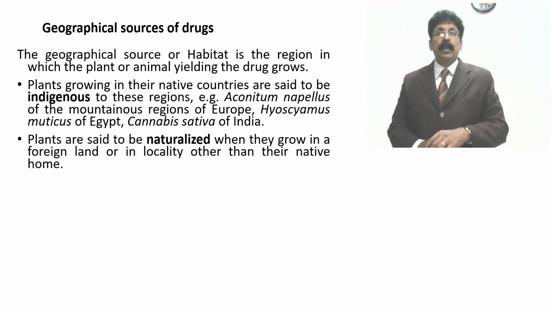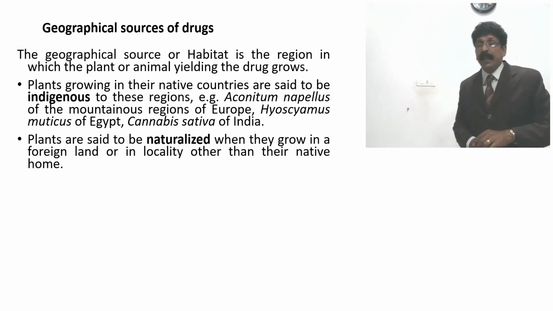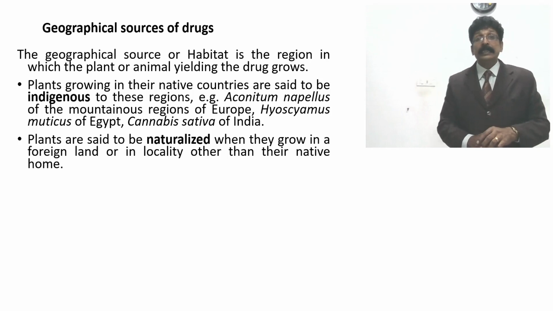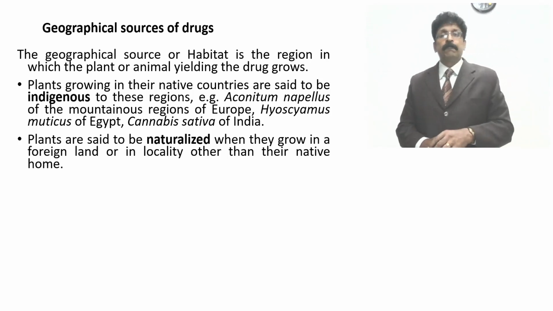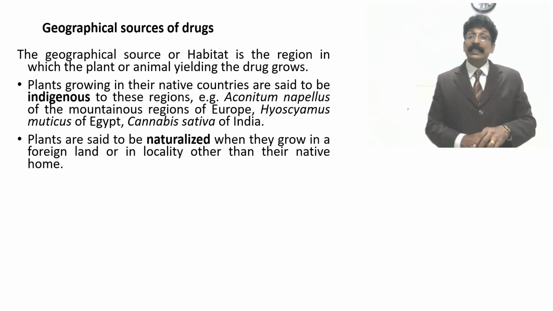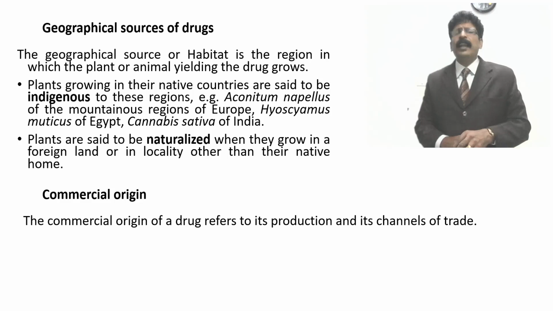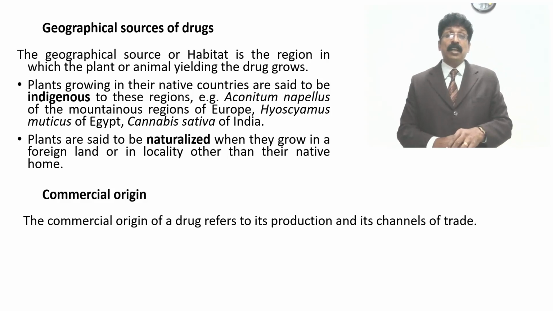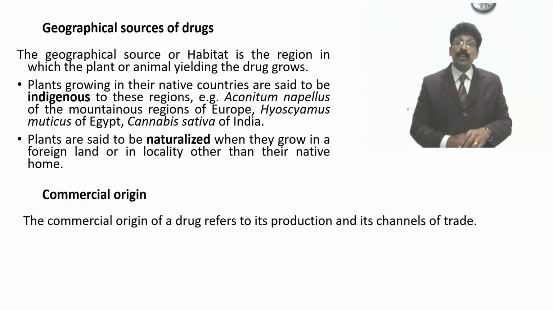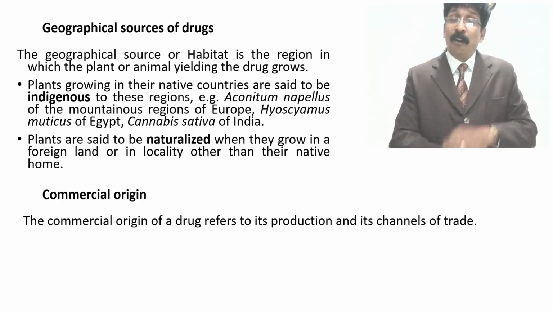Or Hyoscyamus muticus brought from Egypt to India and grown here, that is a foreign country for it. From their indigenous nature, the plant is taken to another foreign place. Commercial origin, a rare case, refers to the drug's production and its channel of trade.